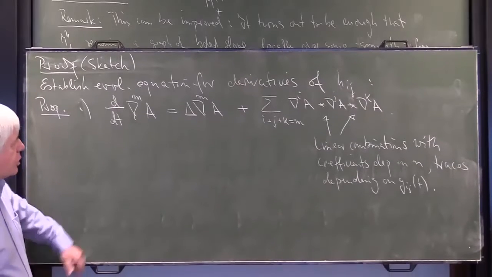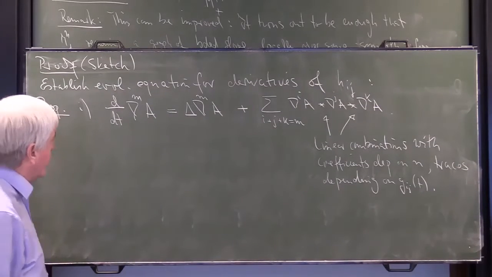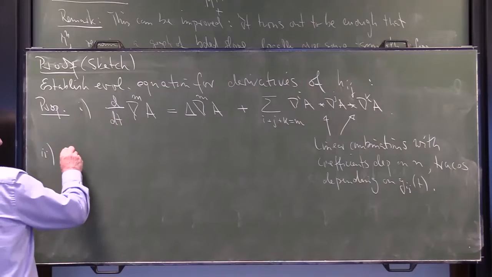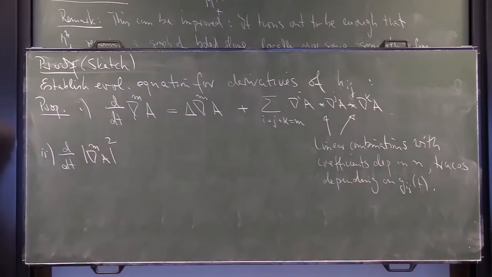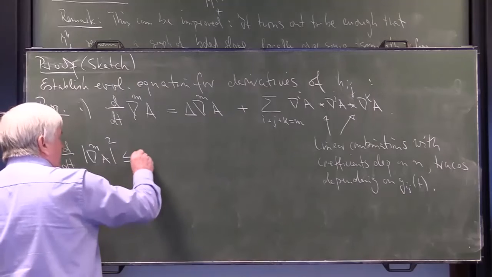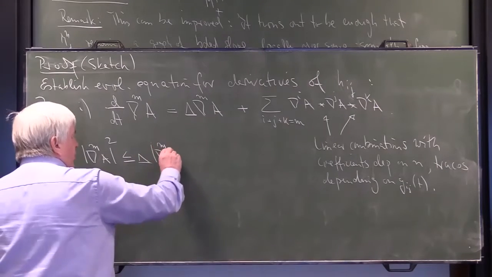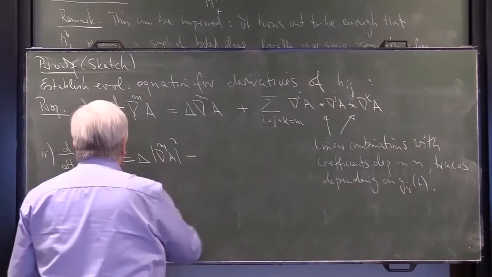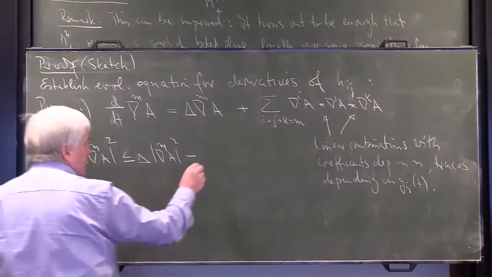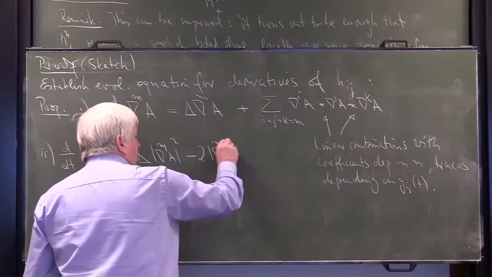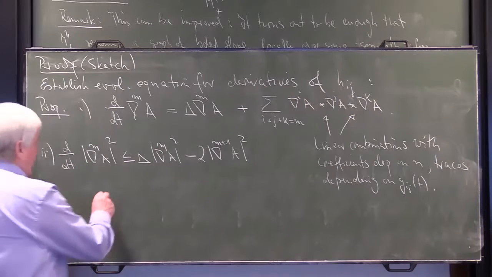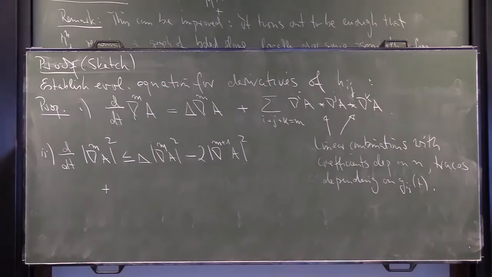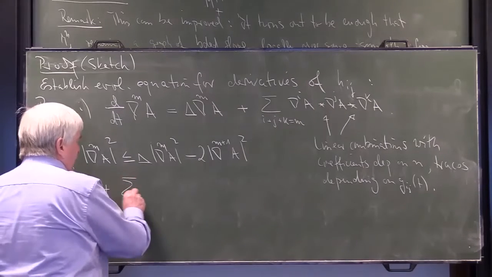Right, so this is the structure of the evolution equation of the gradient, and now this implies that we get an upper bound on the time derivative of the length of any of these derivatives, and we can estimate this by the Laplacian of the same quantity, and then because this is the Laplacian of a square, we get a good term involving the next higher derivative squared, and then we get a term where we have again something like this.